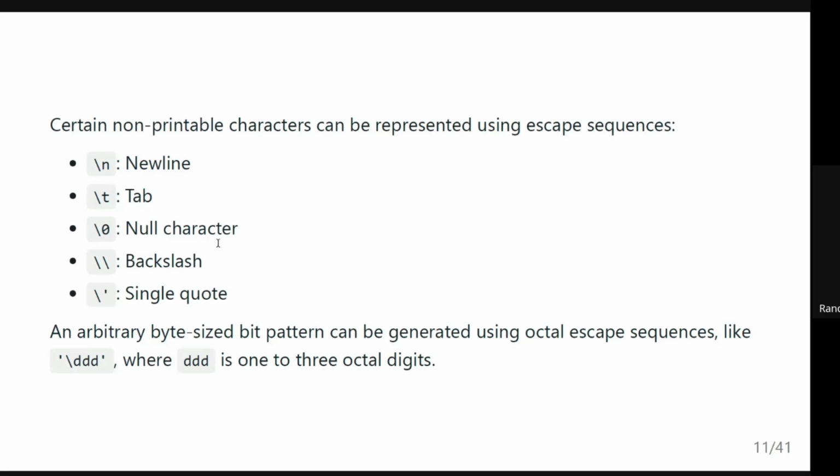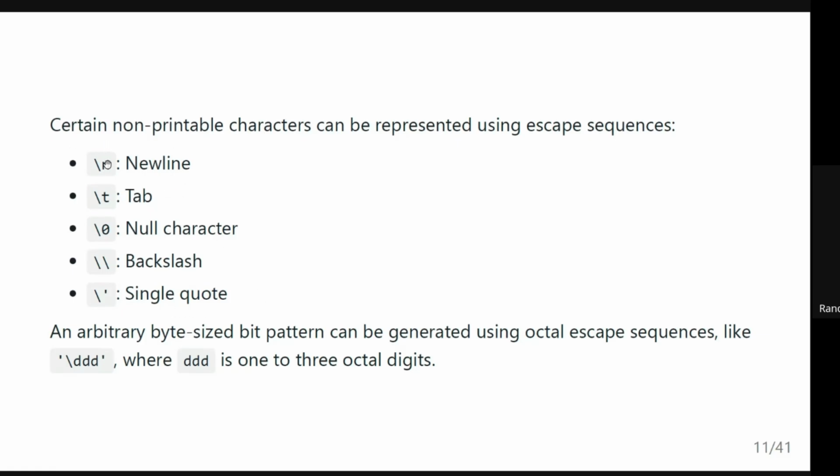Remember, in C there's no type called string. We basically store the string in an array of characters. So the last spot in your array needs to be this null character \0, so your program knows that's the end of the string. And if you want to use the backslash itself, you have to use a double backslash so it will show up correctly. The same goes for the single quote. You can do that as well.